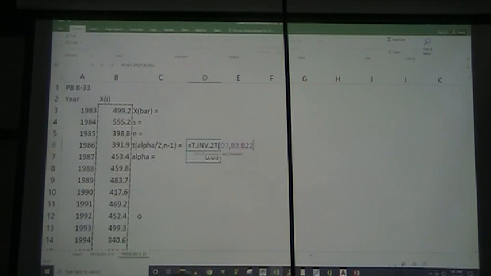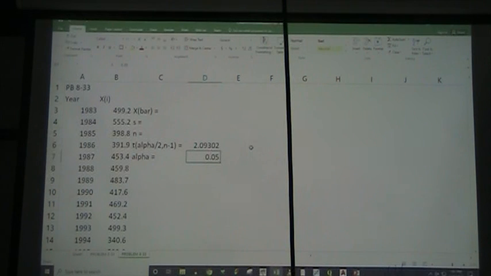All right, so that's 20 years of data, and that means that it is 20 minus 1 degrees of freedom. All right, 2.09302. Now the great thing about using Excel on something like this is your Z tables, that is the standard normal distribution tables, are pretty detailed. This bad boy, the T table, however, not so much.